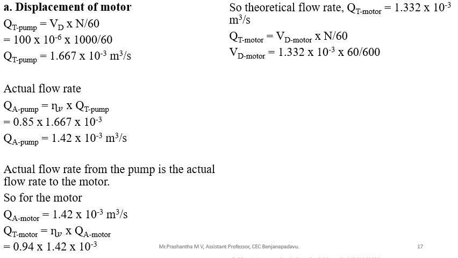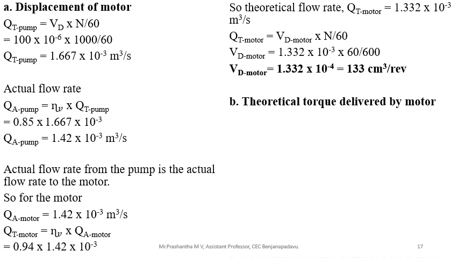Vd motor equals QT motor into 60 dividing by speed, that is 1.332 into 10 to the power of minus 3 into 60 dividing by 600. 600 is the speed. Simplify this, we will get 1.332 into 10 to the power of minus 4, or 133 centimeter cube per revolution. The subquestion A, that is displacement of motor, is 133 centimeter cube per revolution.